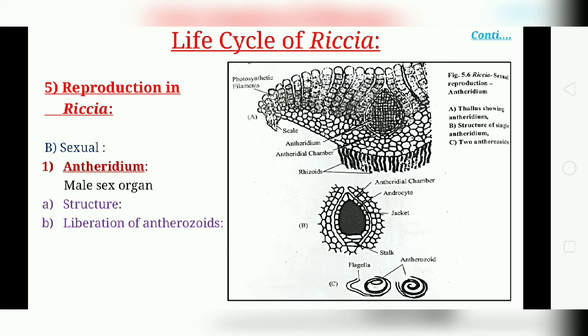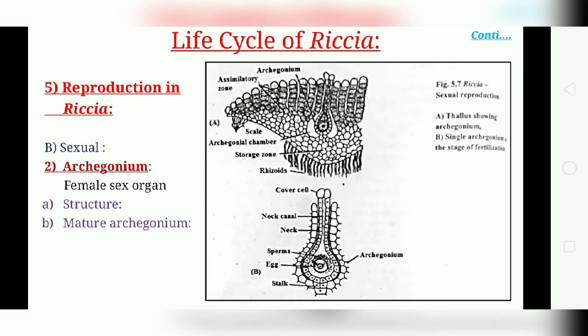Through this film they swim and reach the neck of the archegonium during fertilization. Each antherozoid is flagellated. In the picture you can see the flagellated and coiled structure. The flagella help it move, so it is a motile organism. So this is the antheridium portion.